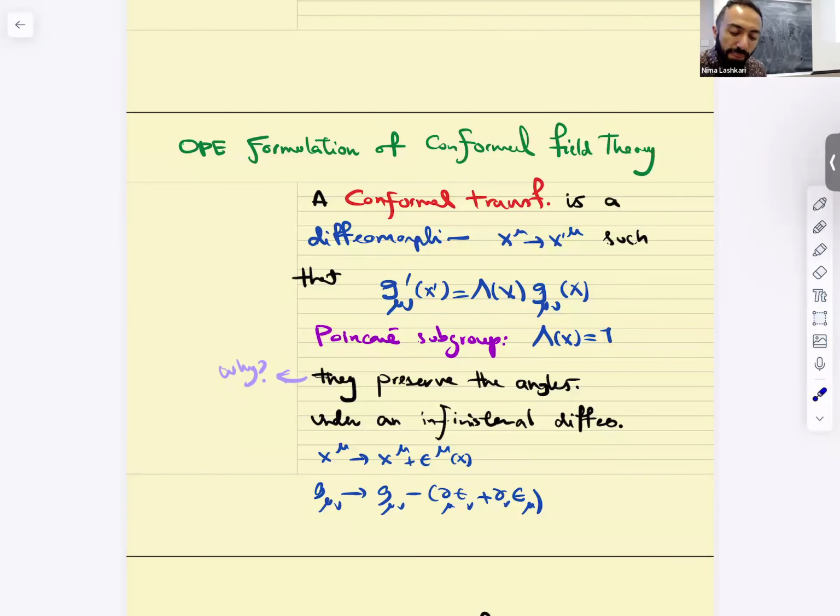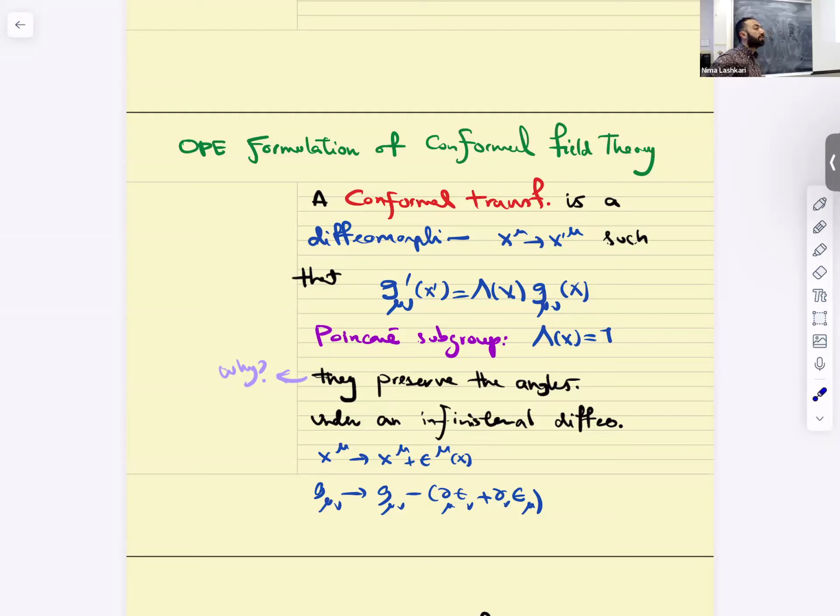It even goes beyond that. Now, what is a conformal transformation? This is important. It's a diffeomorphism that multiplies the metric by an overall function. That's the very definition of a conformal transformation. It must be a diffeomorphism. Example: the Poincare group for flat space.